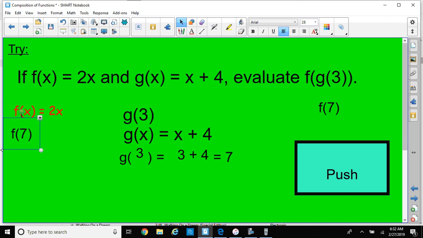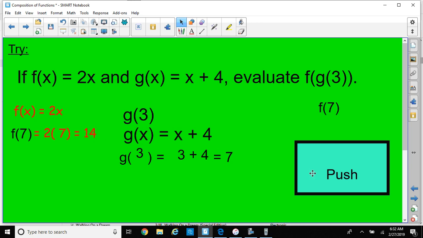So now we're replacing the x in the f function with 7, and we're going to figure that out. That's equal to 2x, and that means 2 times x. We have to replace x with the number 7, and that'll be equal to 2 times 7, which is equal to 14. So we've just figured out that the value of this function is 14.